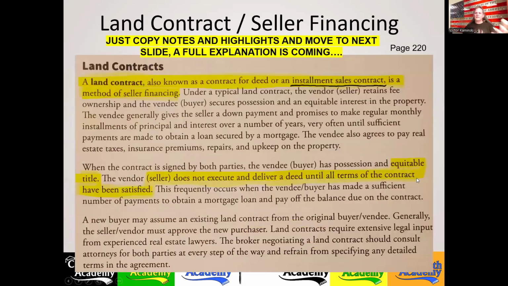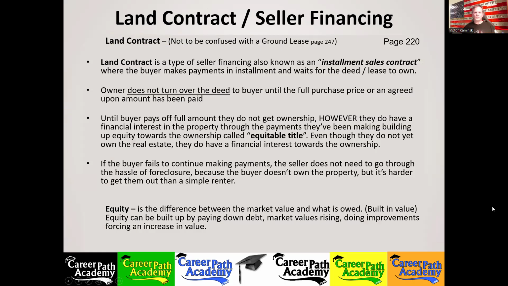All right. Take these highlights down, and I'm going to go to my slide right after this, which gives a better explanation of what a land contract is, also referred to as installment sales contracts. All right, so land contract, do not confuse it with a ground lease, which we're going to learn about in the next chapter, chapter 12.